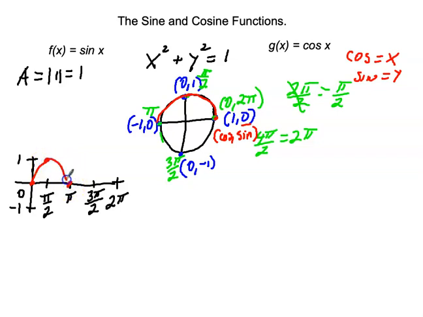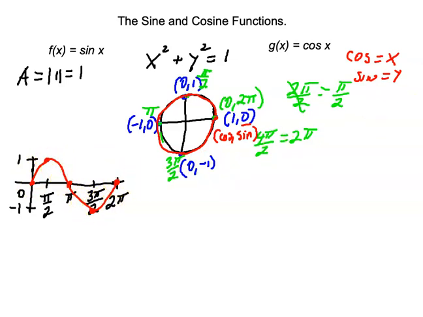So we're going to go down, and as we keep moving around the circle, the sine is negative 1. Notice that at 3 pi over 2, the sine is negative 1, and then we go back to the starting point, and at 2 pi, the sine is 0 again. So as you can see, the sine function values are the y values, and the function goes 0, positive 1, 0, negative 1, and back to 0.